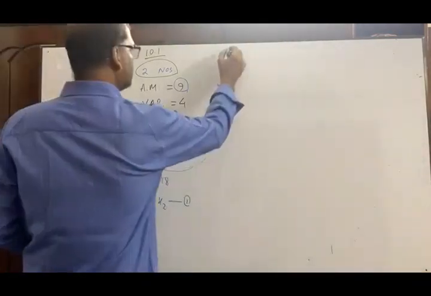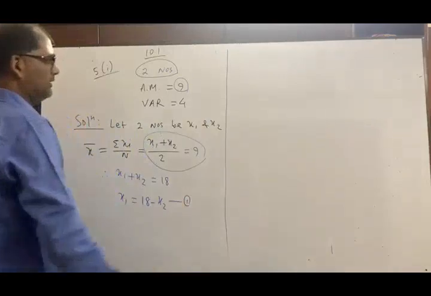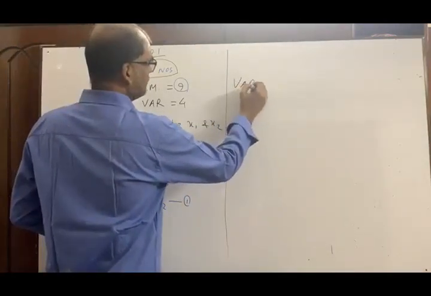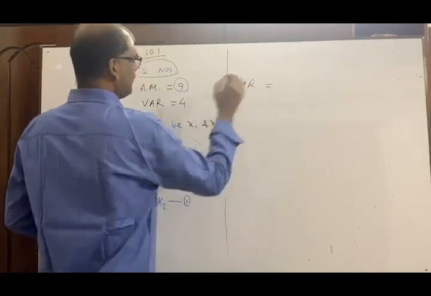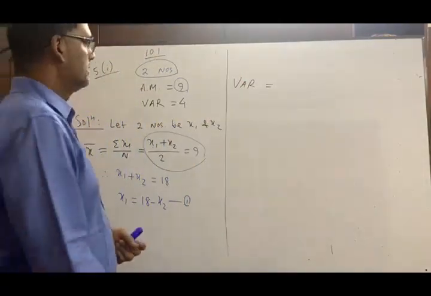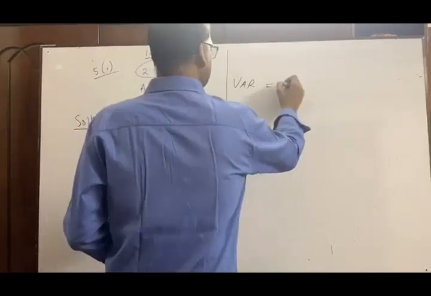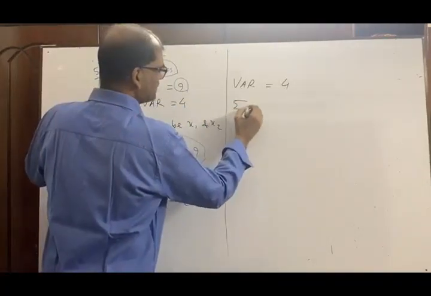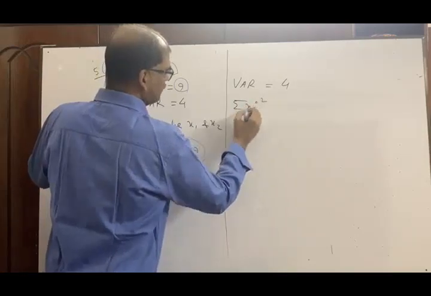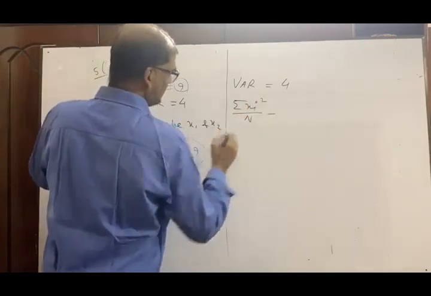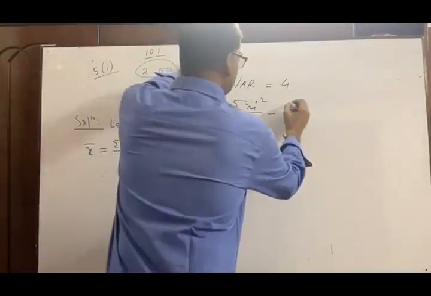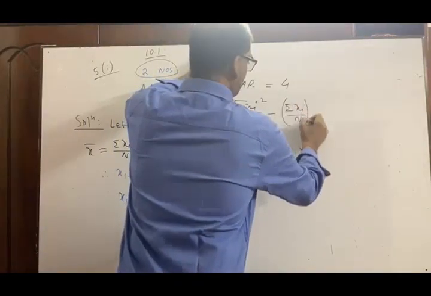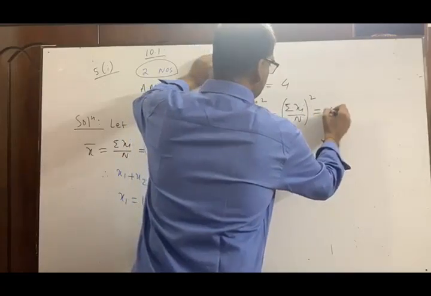Again, what is given? Variance is given as 4. We know the formula. So what is the formula? Summation xi square by n minus summation xi by n whole square equals to 4.